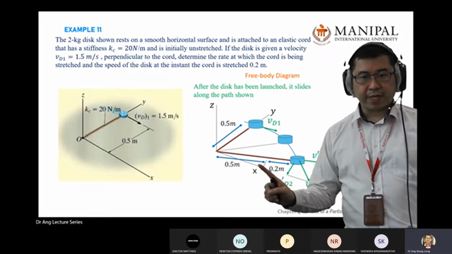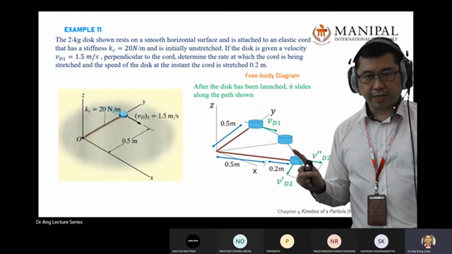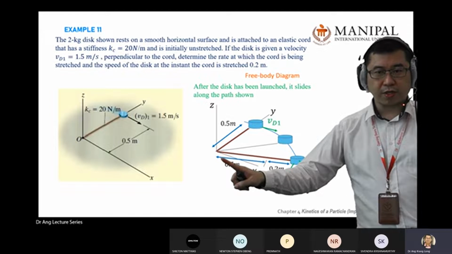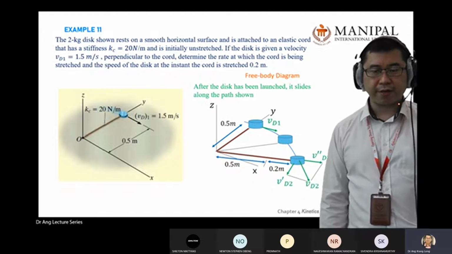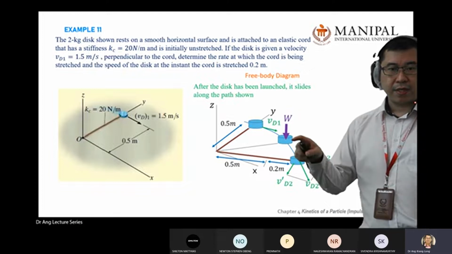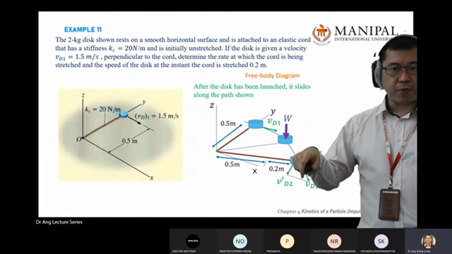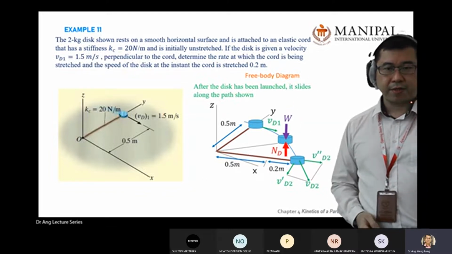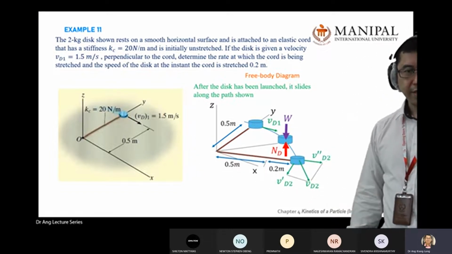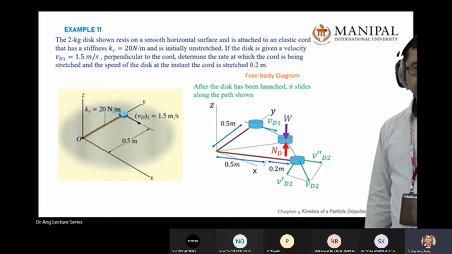Okay, this I already explained. The situation you want to investigate is when it is stretched 0.2, so the total length from here to here is 0.7. The free body diagram always has a weight pointing down, and the contact surface always has an N. These two balance each other.